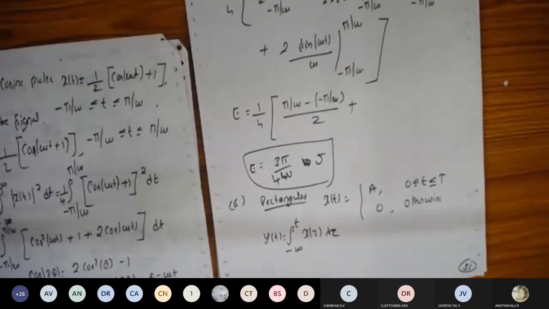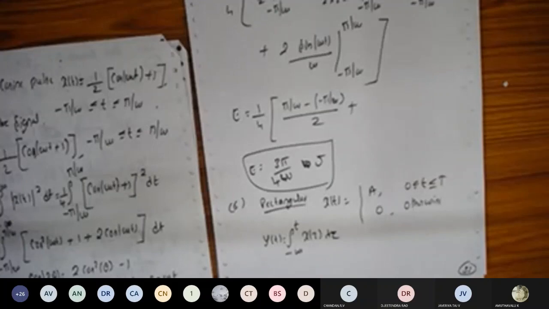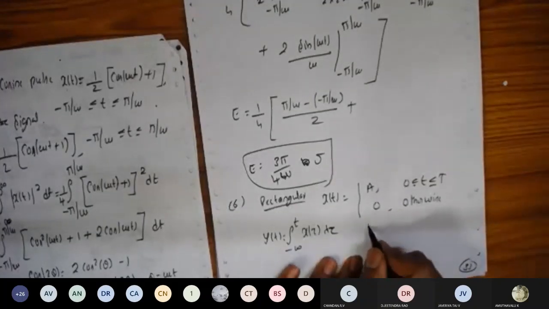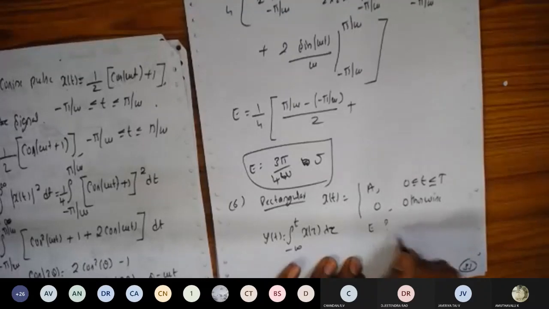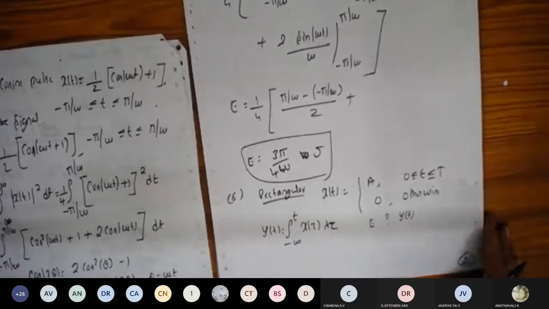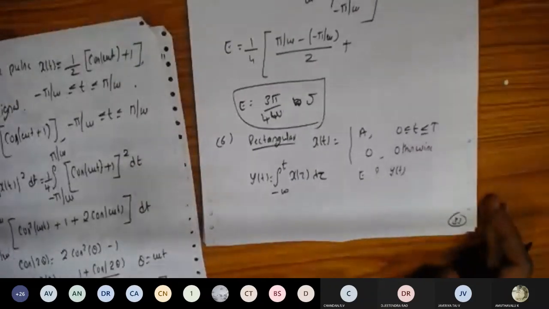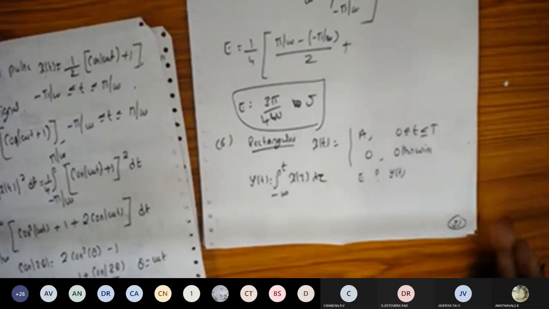Find the output of the integrator and the energy of the signal y of t.